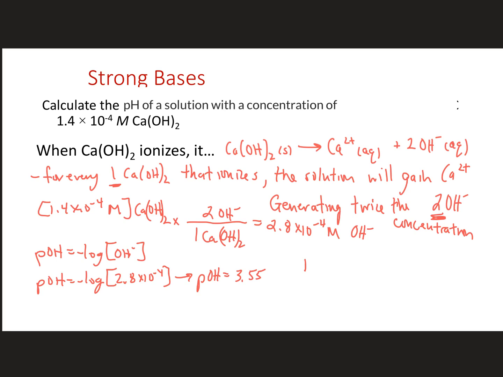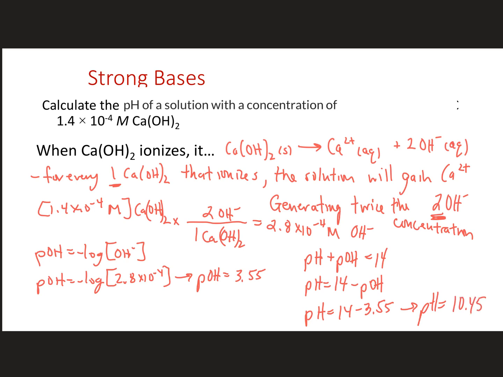And the last calculation, I know pH plus pOH equals 14. I want to find pH, so I know pH equals 14 minus pOH. pH equals 14 minus 3.55. The pH of this solution is going to equal approximately 10.45, right?